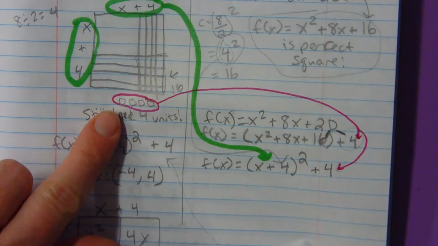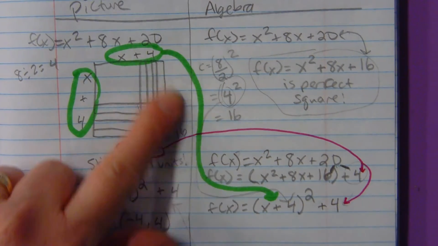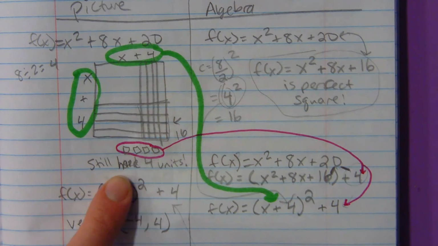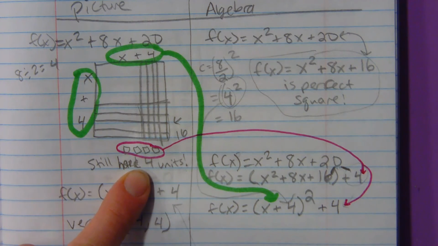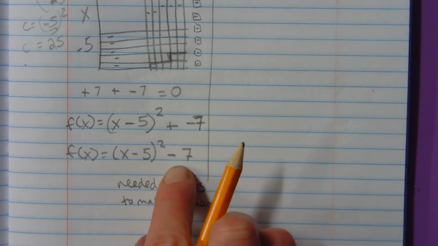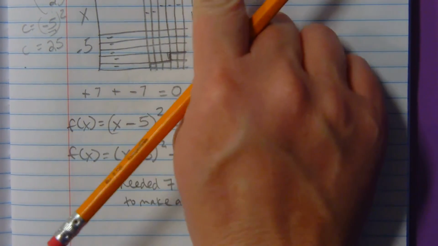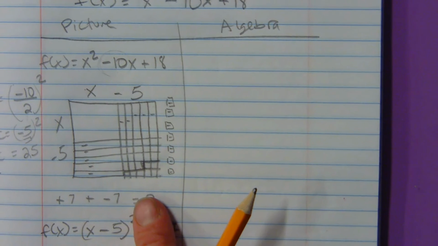Whereas here, I had 4 more that I had to deal with, or I needed the 4 to make the 20 that I had. So that's why I said I still have 4 units here. I need 7 units here, so I'm subtracting. So that's when I have too few units with the tiles.